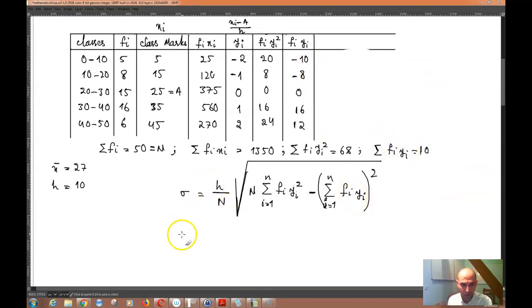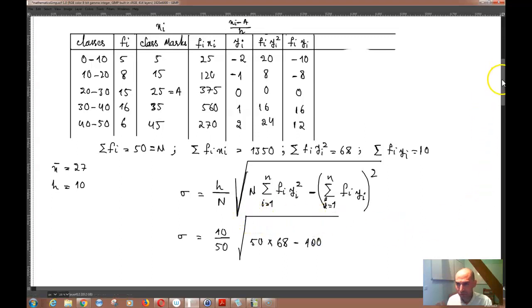So now I can use this formula. Sigma is equal to h, which is equal to 10, divided by n, which is equal to 50, times the square root of n, which is again 50, times sigma f(i) y(i) squared, which is equal to 68, minus sigma f(i) y(i), 10 squared, which is equal to 100.